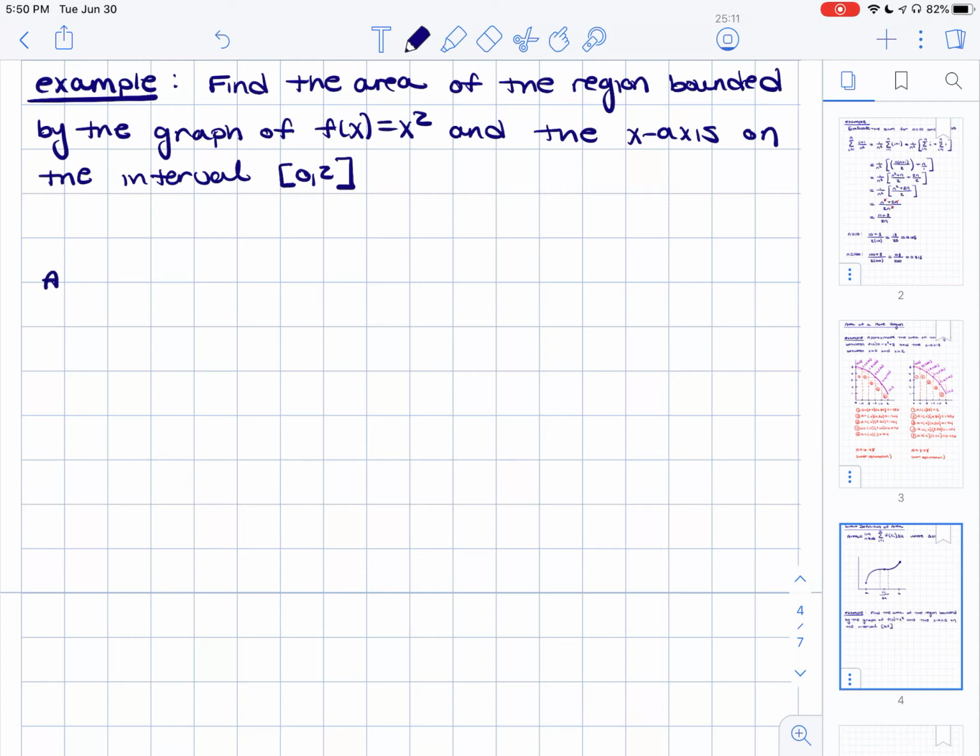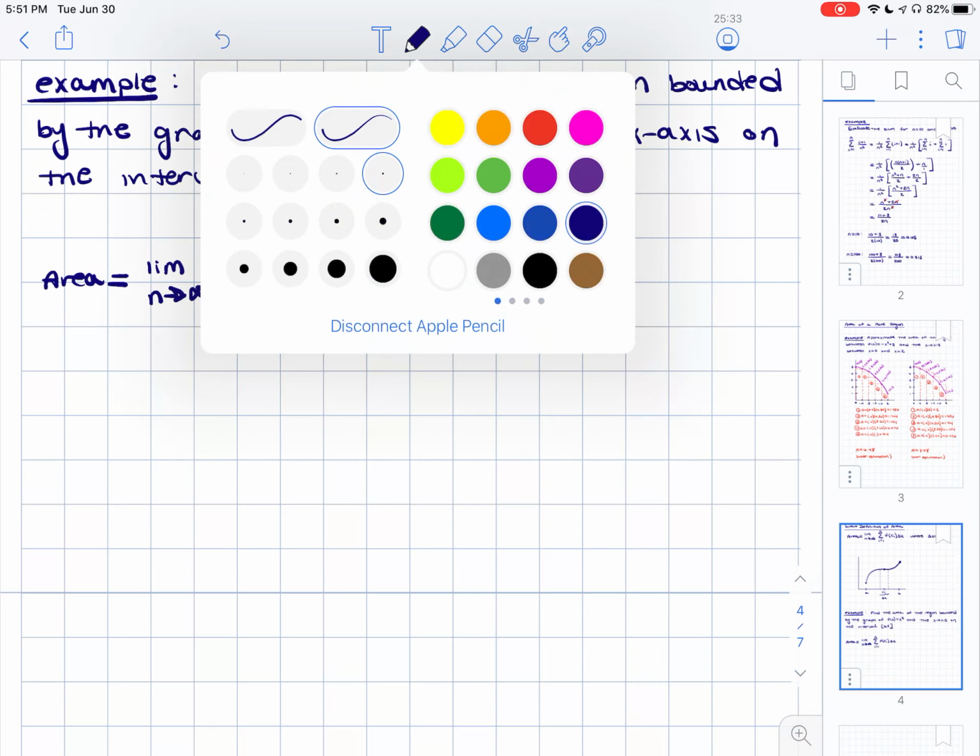So the area is going to be equal to the limit as n approaches infinity of the sum from i equals 1 to n of f of c sub i times delta x. That's our limit definition of area.